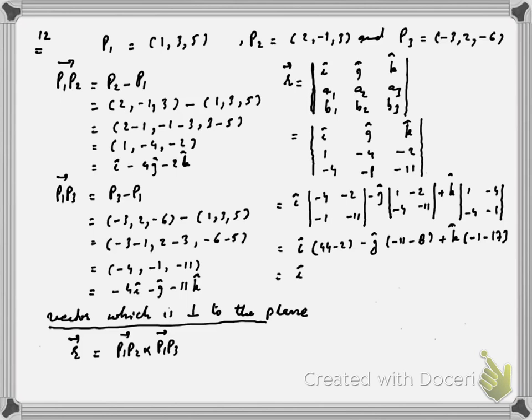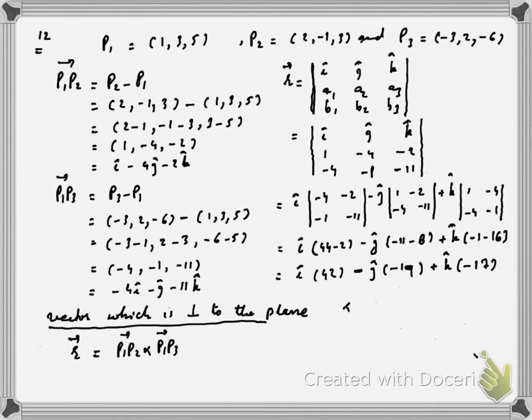It is equal to i cap into 42, minus j cap into minus 19, minus 11 minus 8 is minus 19, plus k cap into minus 17.